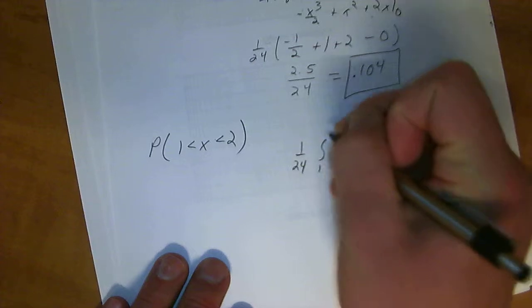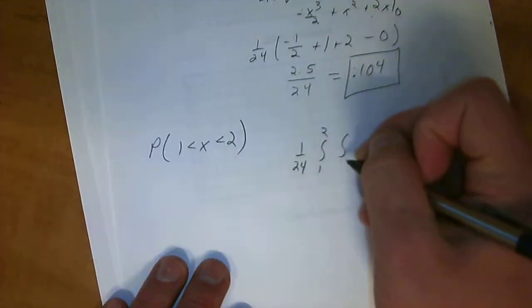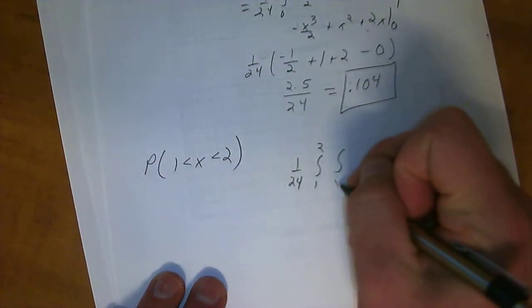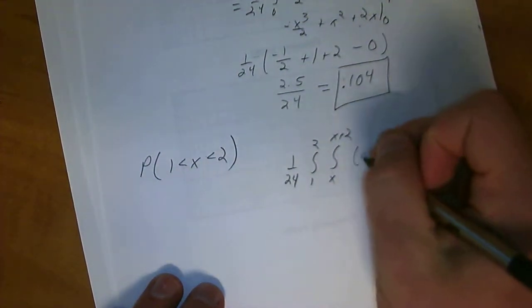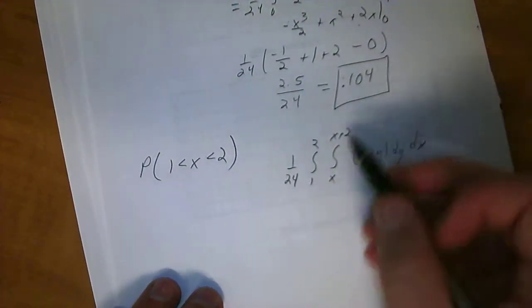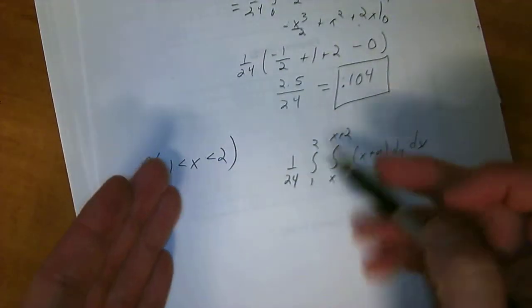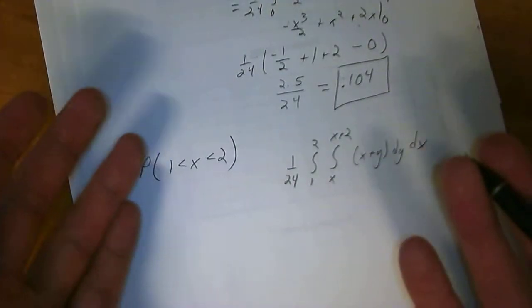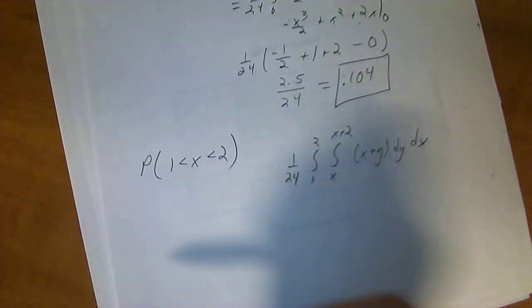The range of x, 1 to 2, and then the range of y is the range of the original y, which is from x to x plus 2, of x plus y dy dx. And that's how you would do a single variable probability. You just take the entire range of the variable that's not included in this right here.